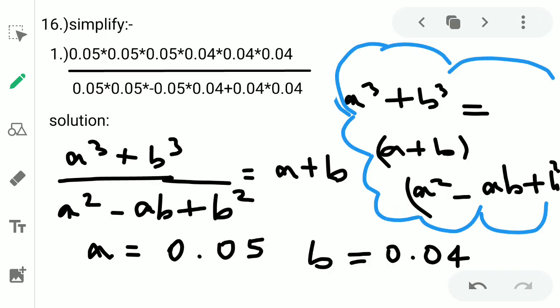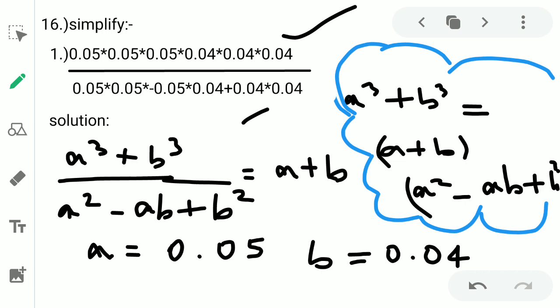Moving to the 16th one, this is the question. I already said this is a very, very important formula. You have to keep it in mind, which is always asked in all the concepts, all the exercises, all the lessons. We have to find which is A and which is B. When I take A equal to 0.05 and B equal to 0.04, it is very easy for me to find.